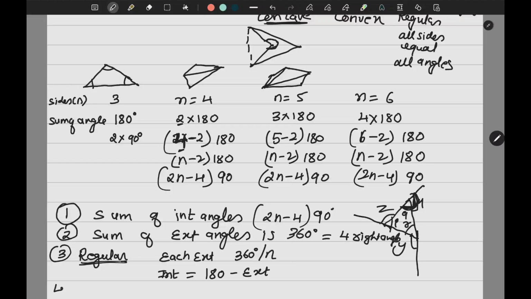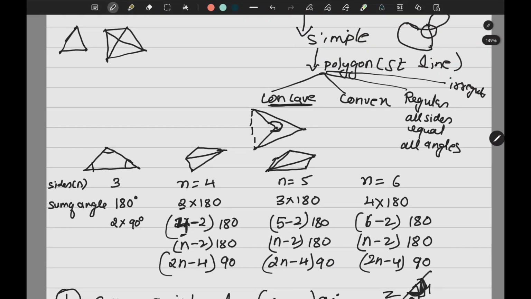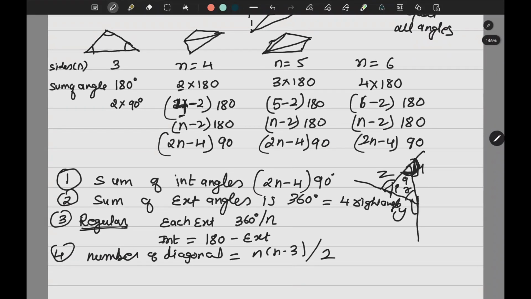Same way, there is one more important formula, which is the number of diagonals. Number of diagonals is equal to n(n minus 3) upon 2. So this is the basic concrete summary of the polygon. After reading this, just have a quick recap.